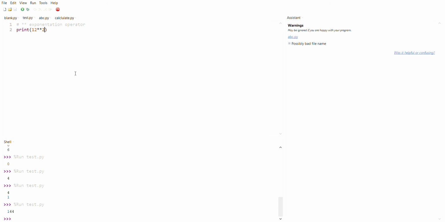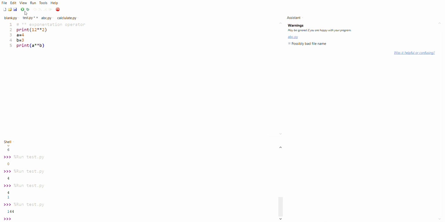Now let's try by giving the values to the variables. a is the variable and we give it the value 4. And b is the variable and we give it the value 3. Now print a to the power b.